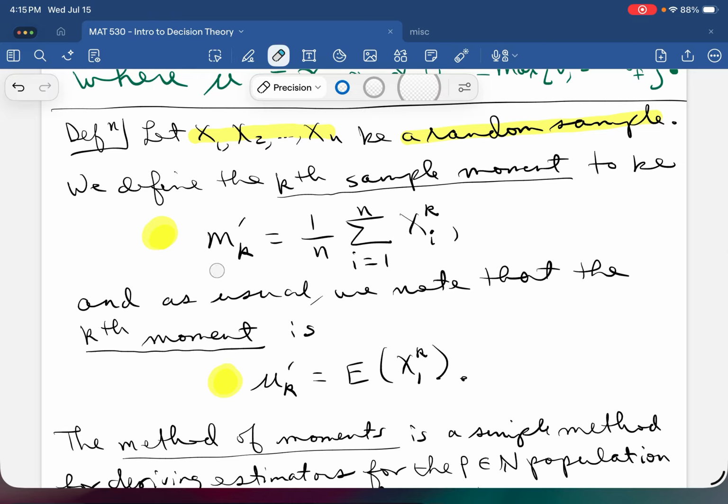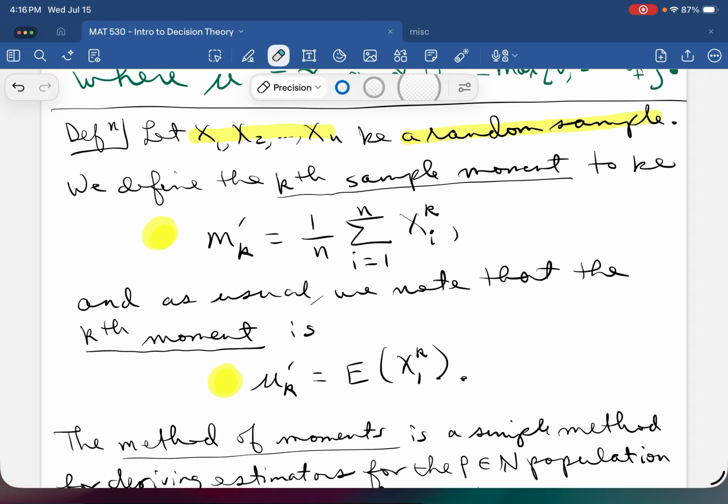So m sub 1 prime here would be the regular sample mean, x bar. And as usual, we denote the kth moment as we see here. And notice here, in terms of notation, we subscript the k that indicates which moment we are referring to.